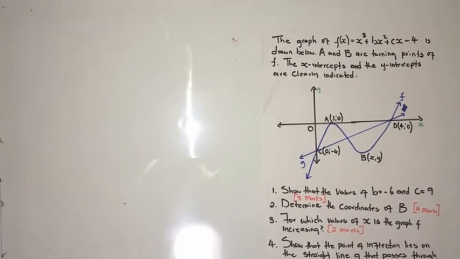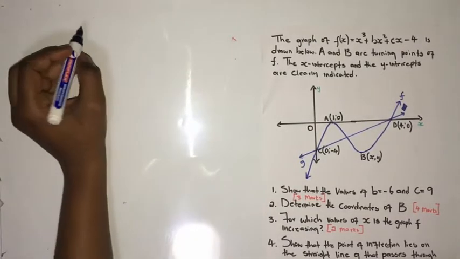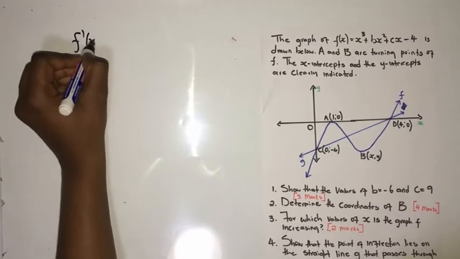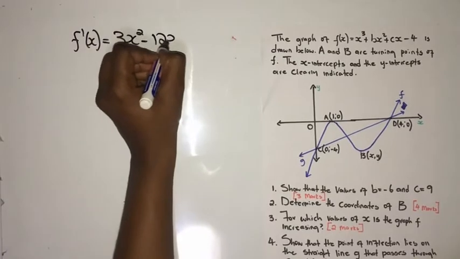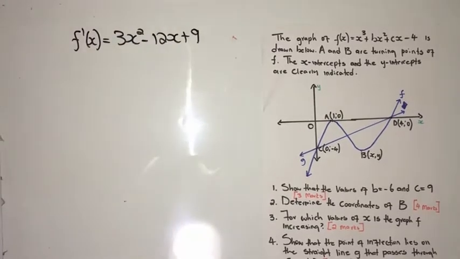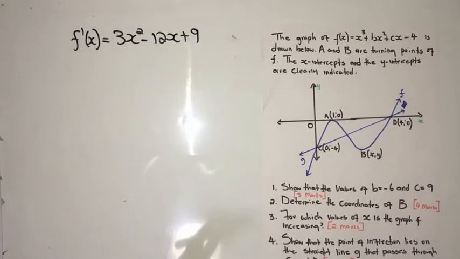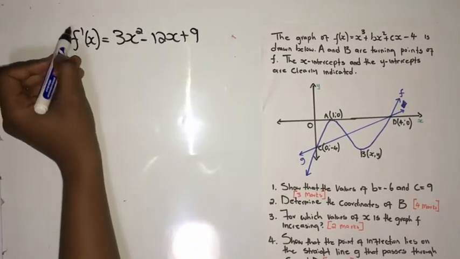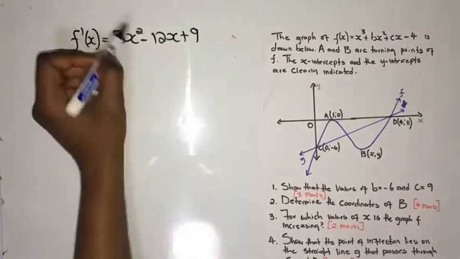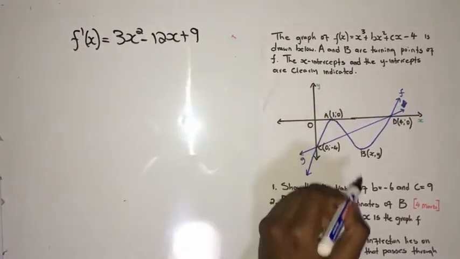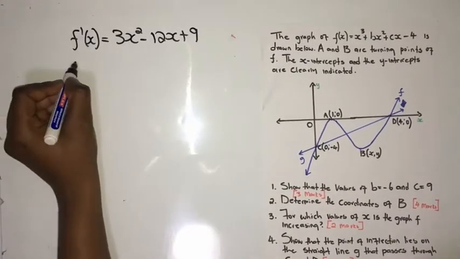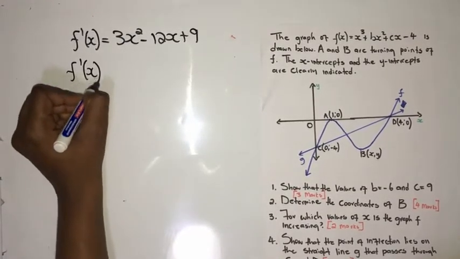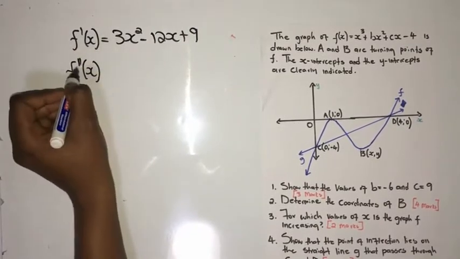We find that point by taking the second derivative of f of x. Remember, we had f of x and we found the first derivative, which we found to be 3x squared minus 12x plus 9. Now we derive it again to get the second derivative.